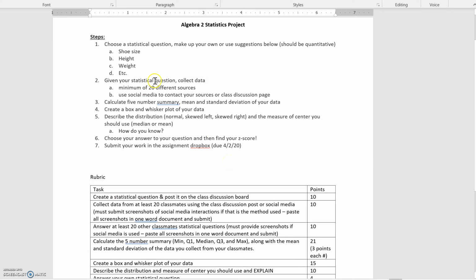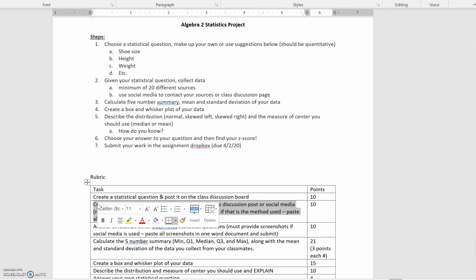Okay, so you're going to collect data on your statistical question. You need a minimum of 20 different sources, so at least 20 classmates need to answer your question. You can do that via that discussion post, or you can do that on social media.